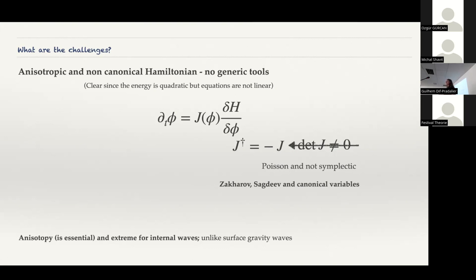But once you write the equations in a variational form, all the symmetries and conservation laws are more clear. So you can write the Euler equation or the Boussinesq equation in a variational form. Phi here, you can think of as the stream function.